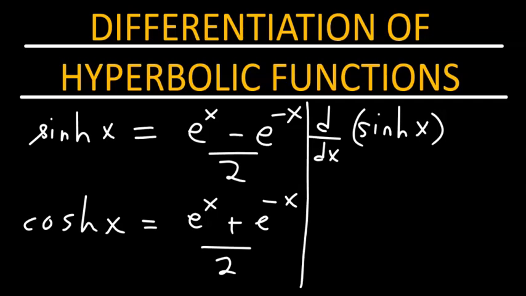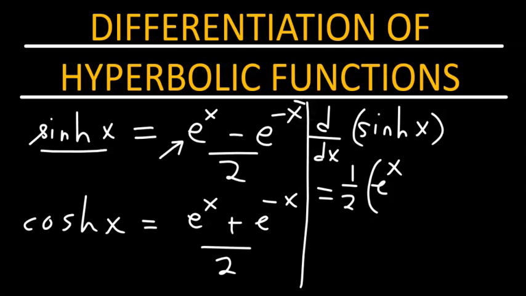Now we know from this definition, hyperbolic sine of x is quite simply e to the power x minus e to the power minus x, divided by 2. The half can be taken out. Differentiating e to the power x will give you e to the power x, as we have discussed before.